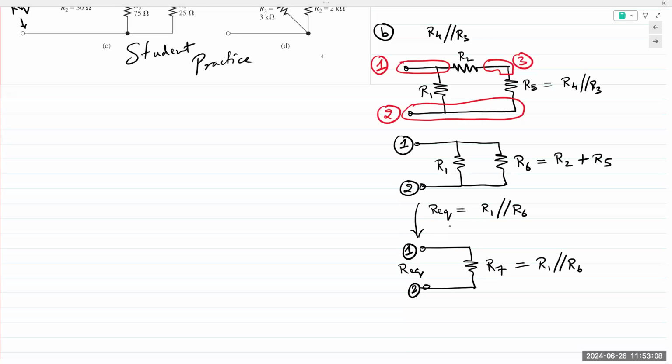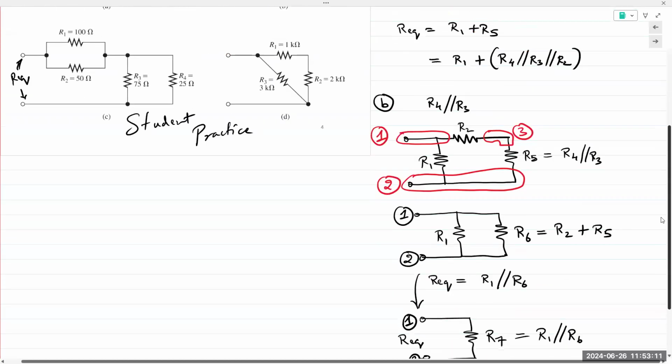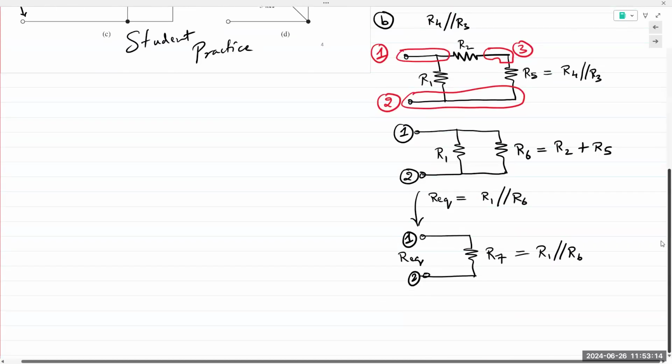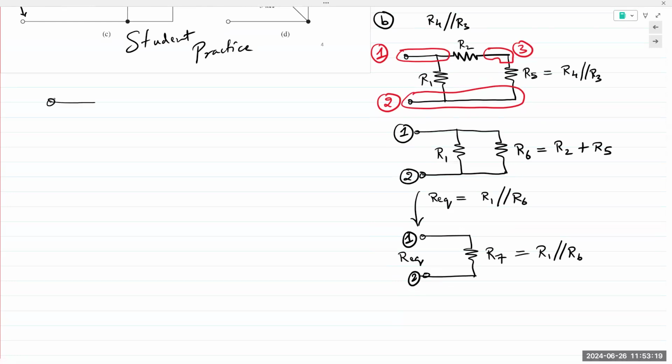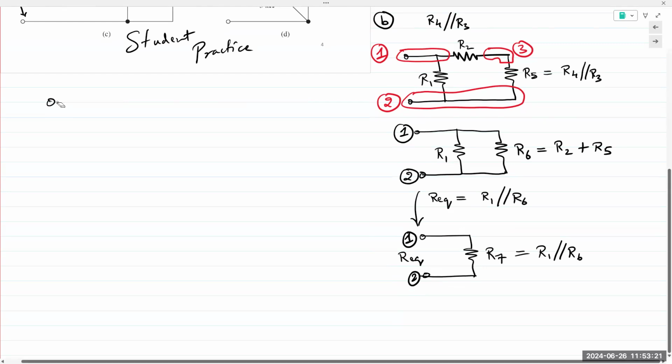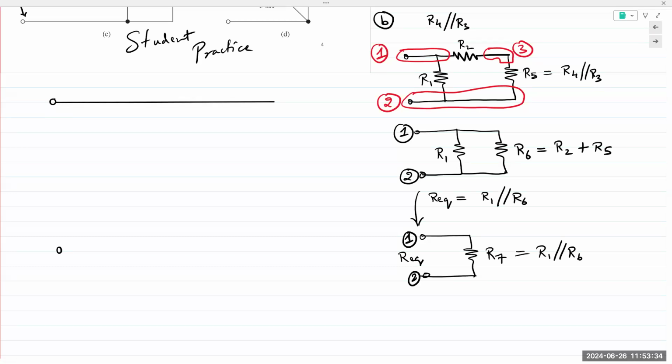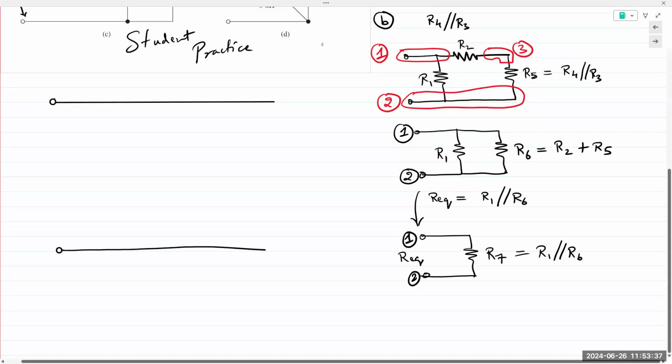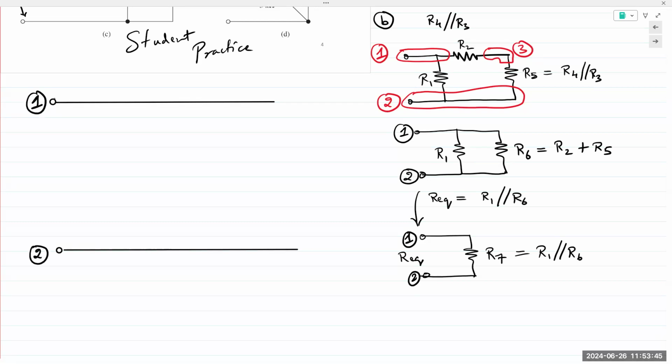I want to show a technique that will work on most circuits, especially on the homework problems. Okay. So in this technique, what I do is I draw out my measurement terminals spaced far apart horizontally. Let's say this is 1 and this is 2.